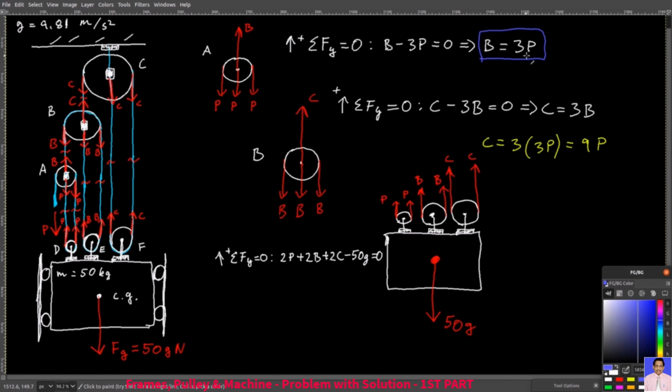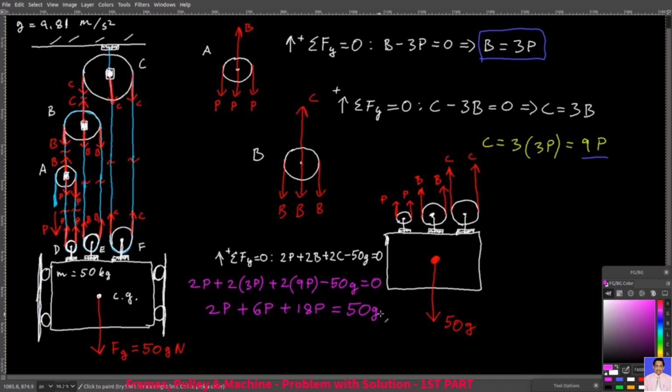However, since B equals 3 times P and C equals 9 times P, I can rewrite this equation like this. 2 times P plus 2 times 3 times P plus 2 times 9 times P minus 50G equals 0. In other words, you have 2 times P plus 6 times P plus 18 times P equals 50G.